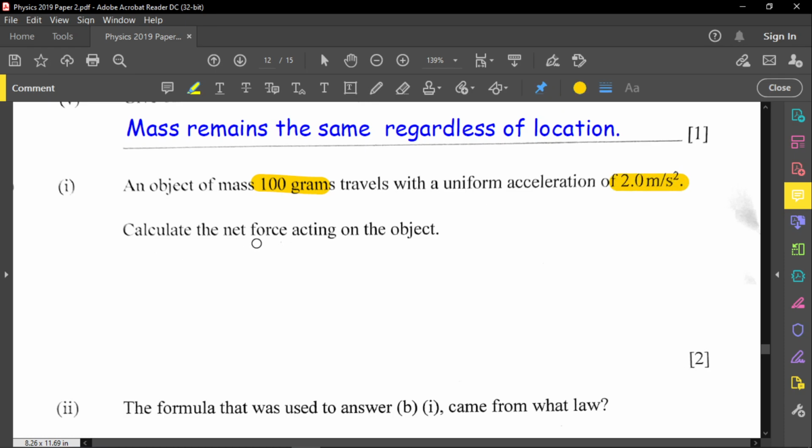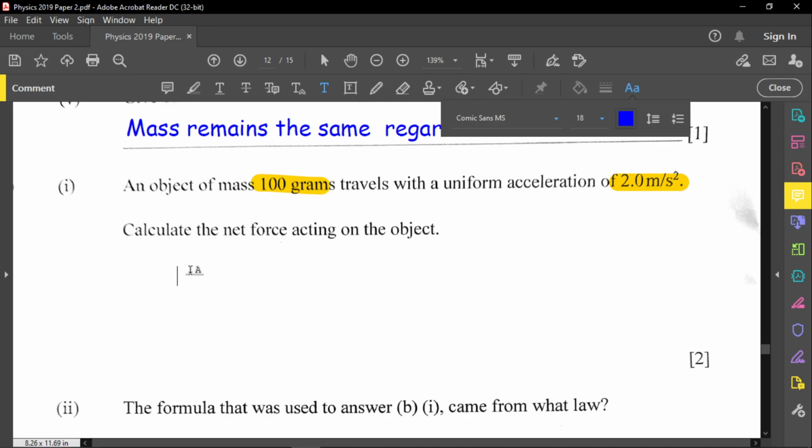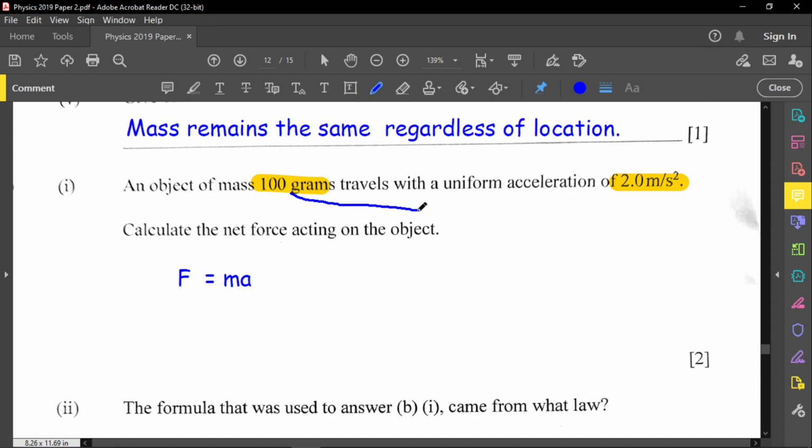We need to calculate the net force on the object. Force, again, is mass times acceleration. I'm seeing this formula so many different times. So force is equal to mass times acceleration. Remember that? And so we're going to multiply our mass by the acceleration. But notice something here. This mass is in grams. We need to convert this to kilograms. So we're going to divide 100 by 1,000.